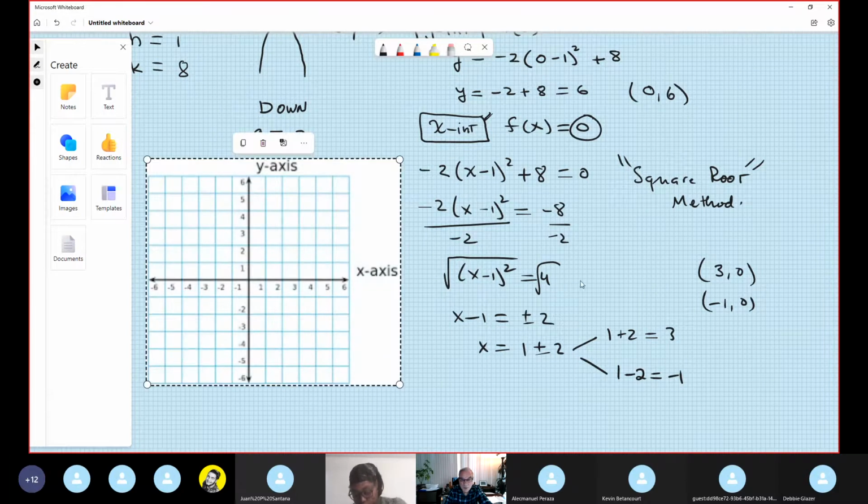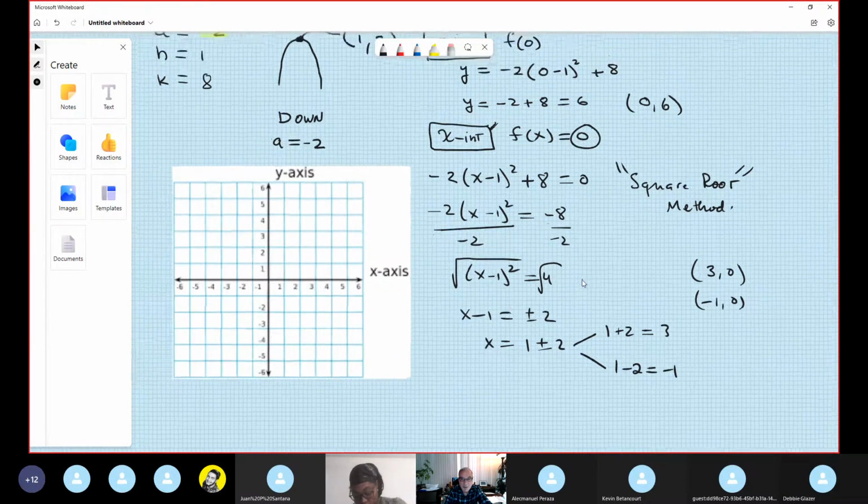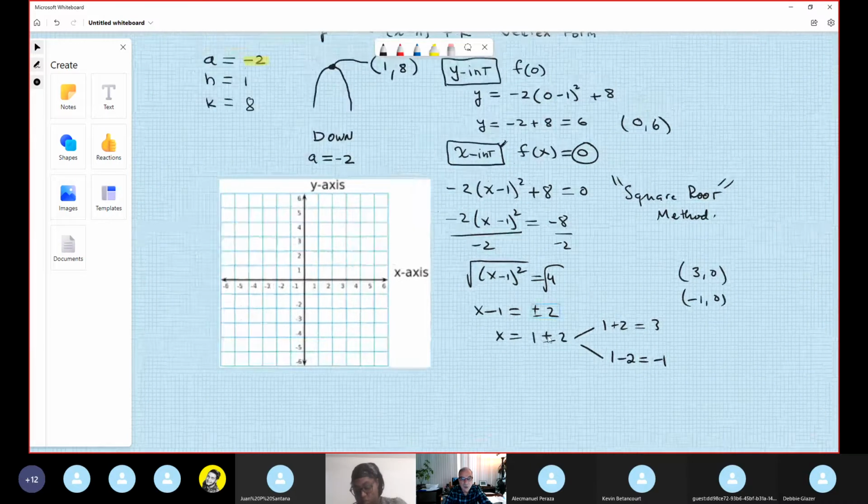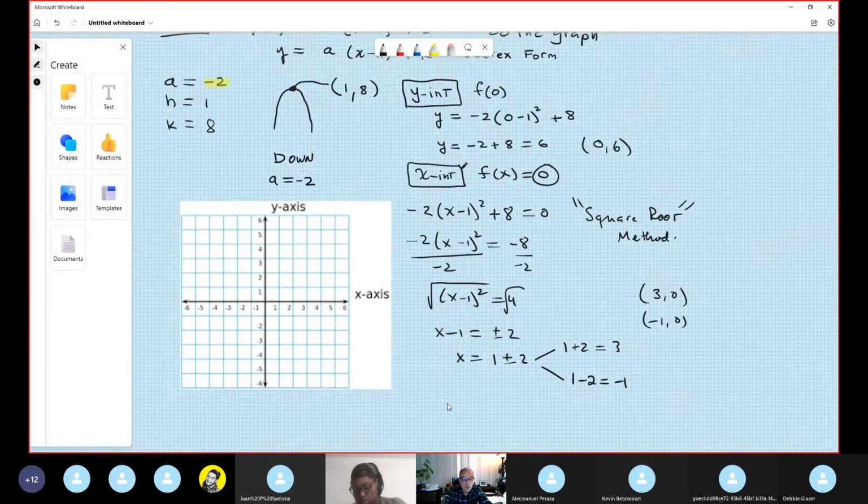What information do I have in my hand? Well, I have the vertex. It's the most important point. It's 1, 8. Unfortunately, it's a little bit outside my small rectangular coordinate system, but I try to do my best.